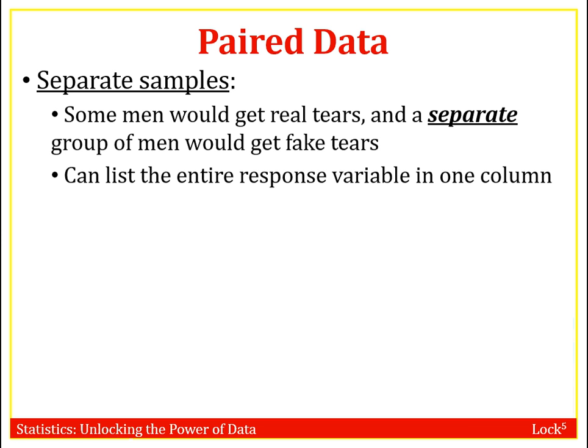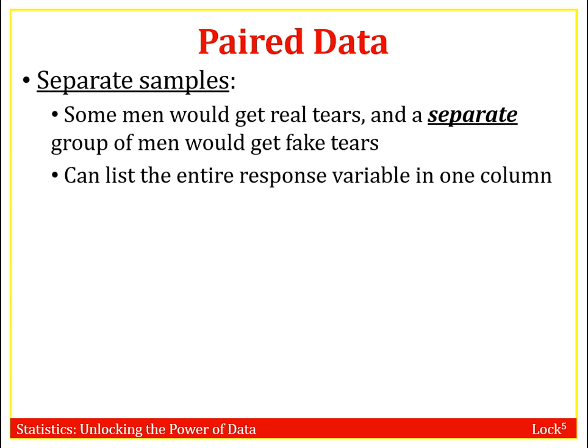Now, we could have done this if we had separate data where we would have been doing the differences of two means, and that would be if we had two totally different groups. One group of men getting real tears, one group of men getting fake tears.